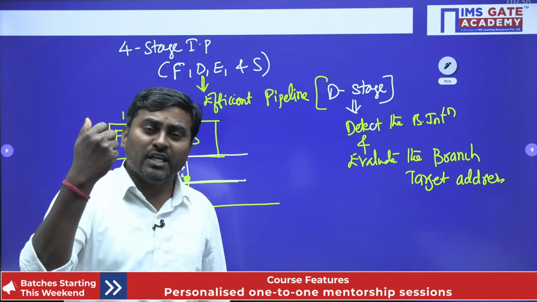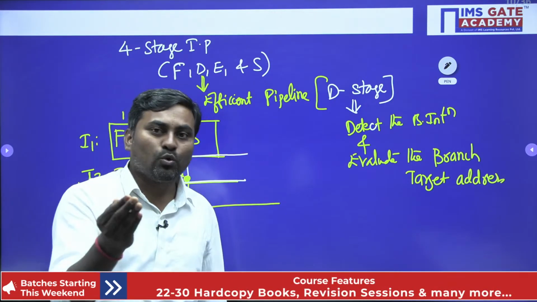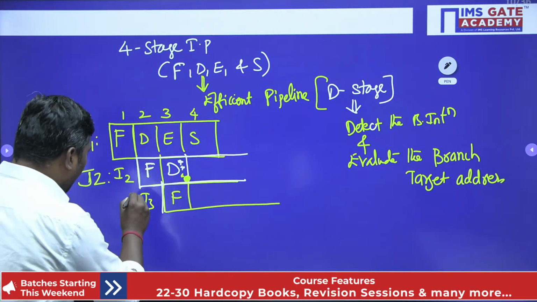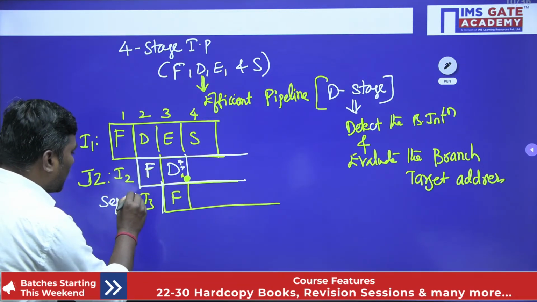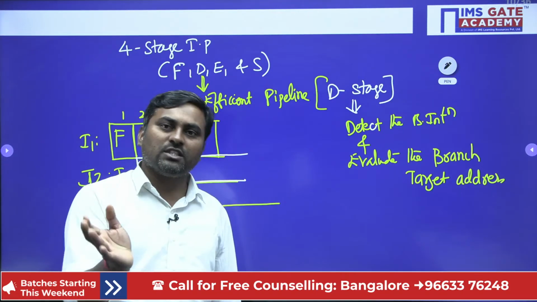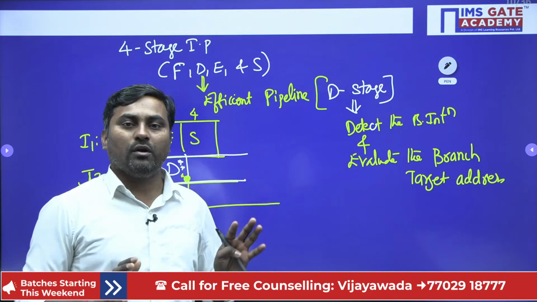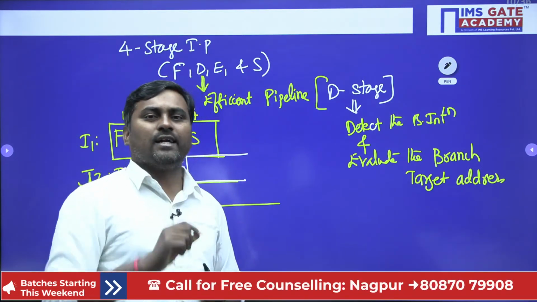If the branch condition is false, you have to run the sequential instruction, but it is already fetched. No problem, no penalty at all. That is good. Whenever the condition is true, you have to fetch the target instruction only.